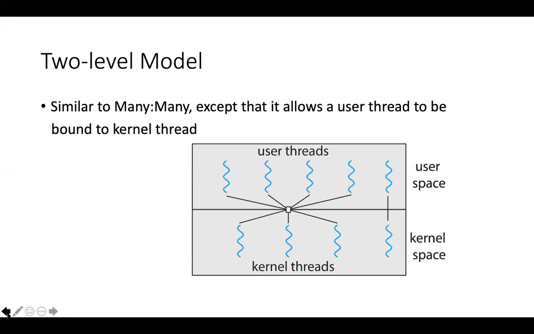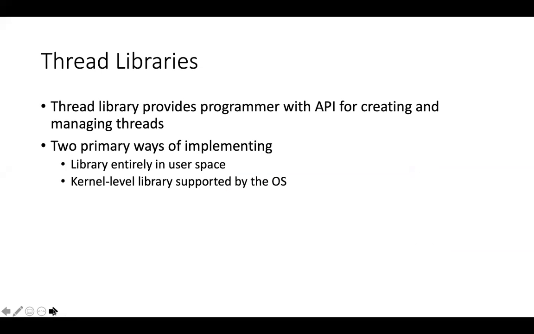So that said, after looking at the different multi-level models, we'll look at the thread libraries. These provide the programmer with an API for creating and managing threads. Just like I said, when you're beginning to write your code, you choose the libraries that you're going to use based on your need.